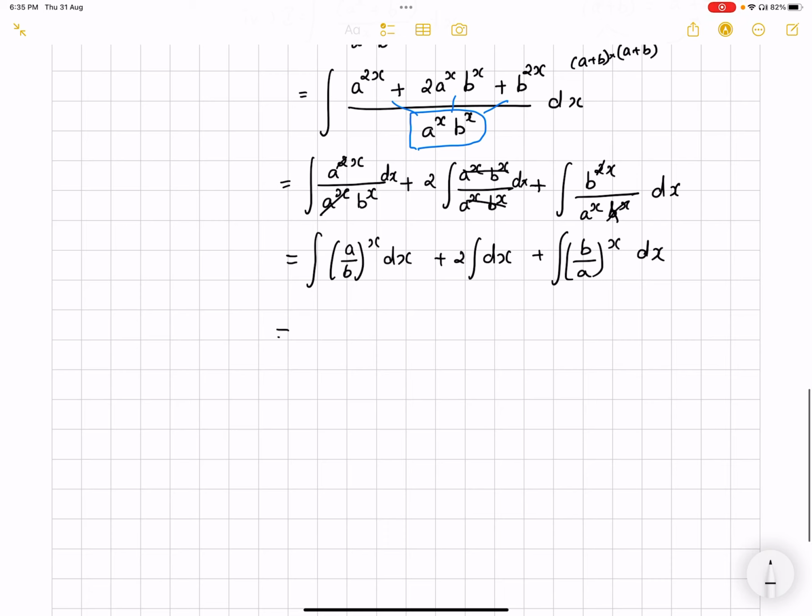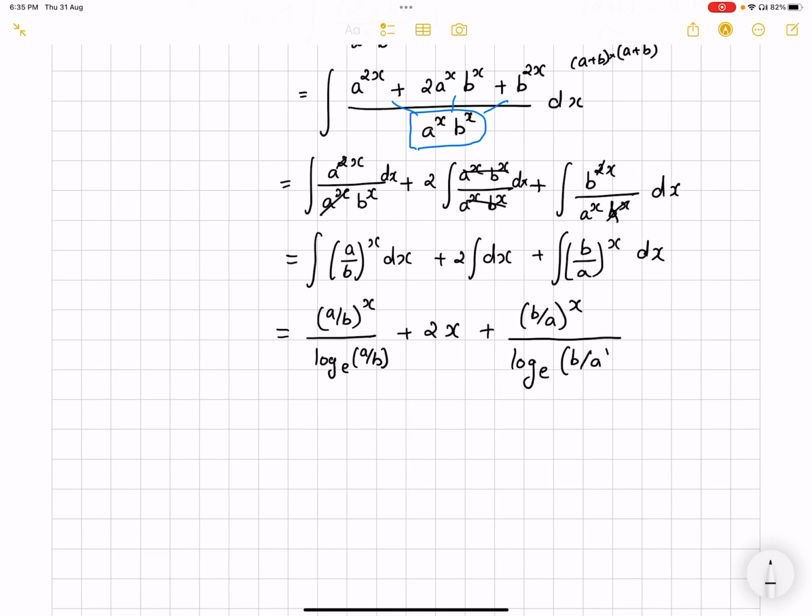So now here when I integrate this one, I would be getting a by b whole to the power x divided by log base e of a by b, and then plus 2 times x plus b by a whole to the power x divided by log base e of b by a, and then plus c.